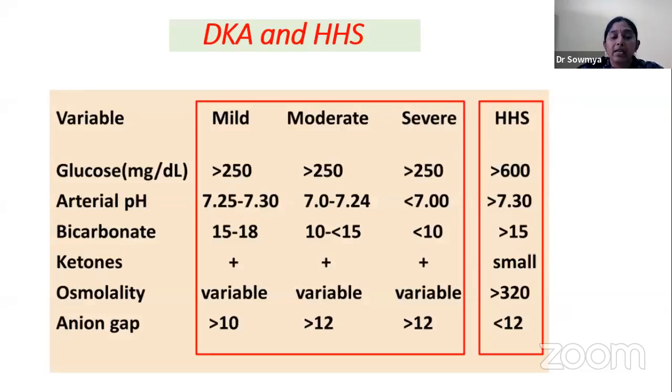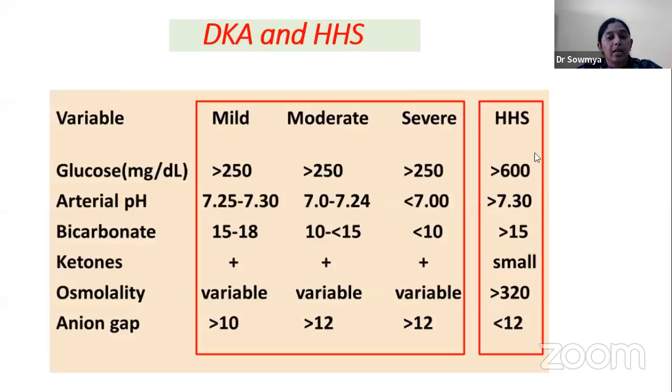If mild DKA is there, usually the glucose is more than 250, anion gap is around 10, and bicarbonate is around 15 to 18. If the patient is in severe DKA, the glucose is more than 250, arterial pH is less, so more acidic pH, osmolality is variable, but ketones are positive, actually more than 3 plus. So anion gap is more than 12.